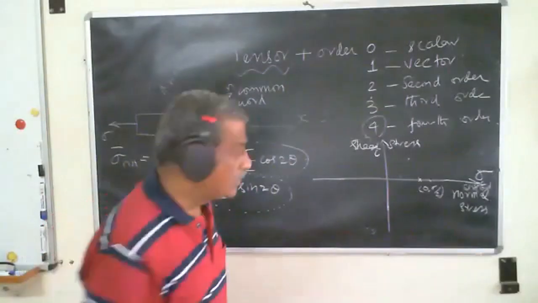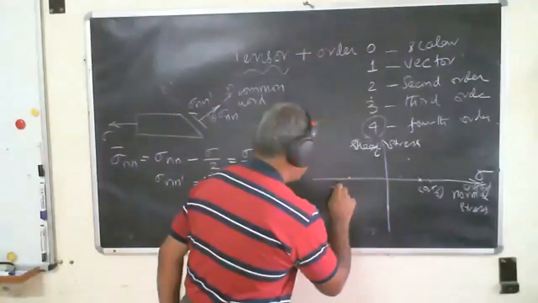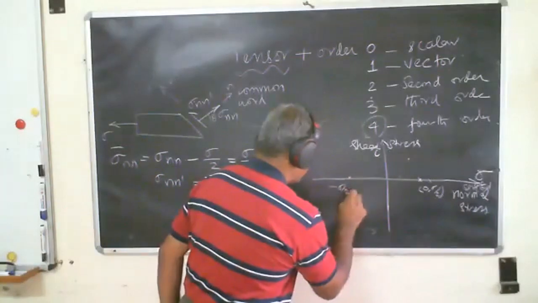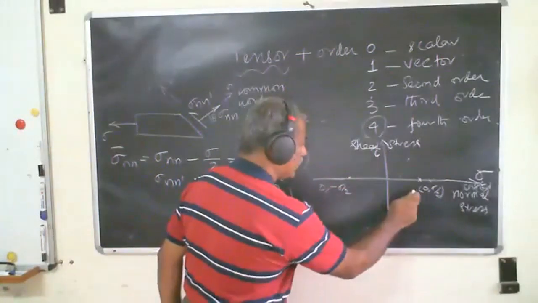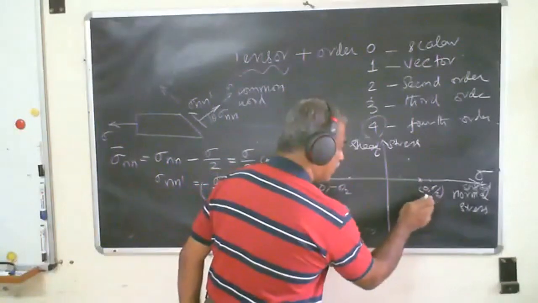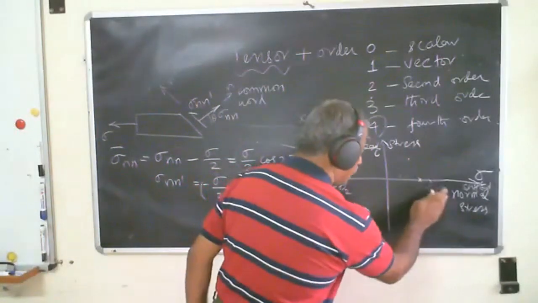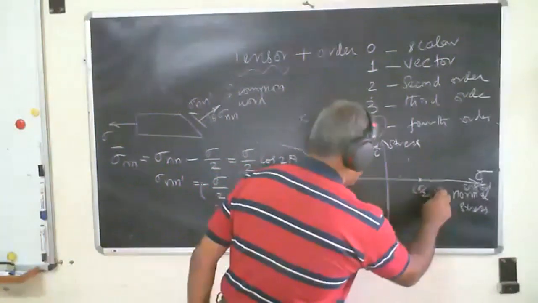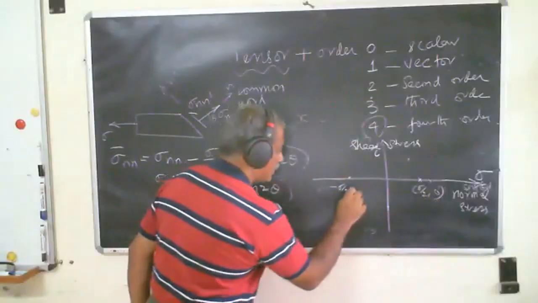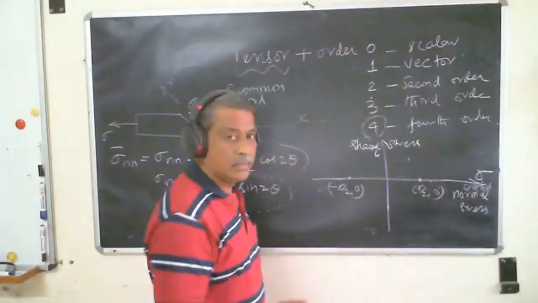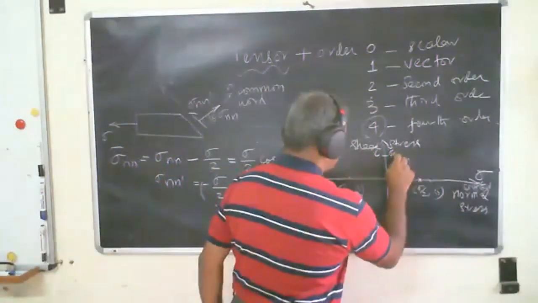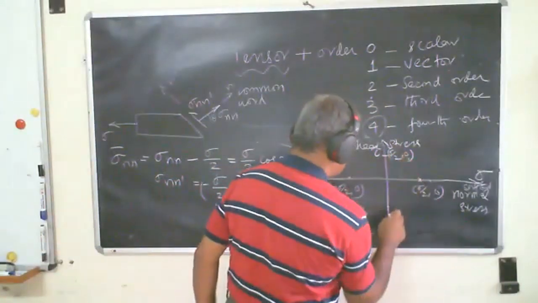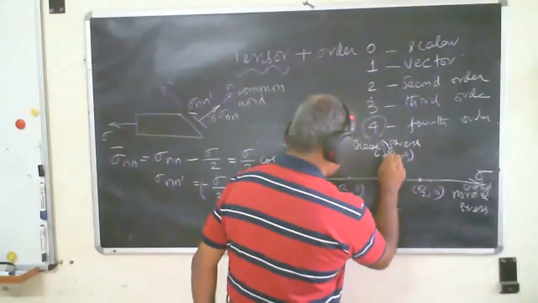The other is 0, minus sigma by 2. Is it 0, sigma by 2 here? No. Sigma by 2, 0. Minus sigma by 2, 0. Actually, here it is minus.